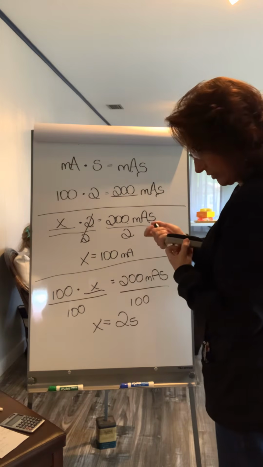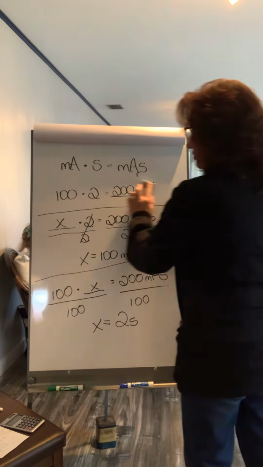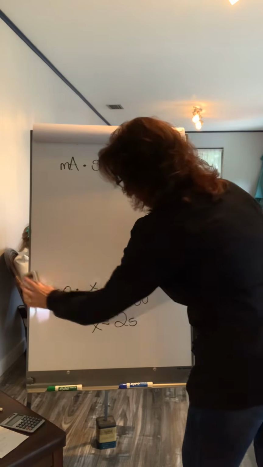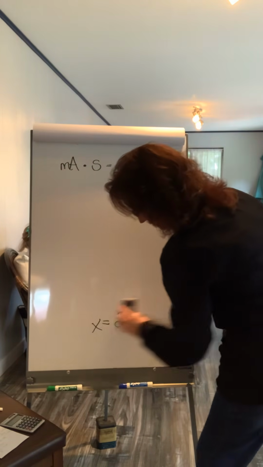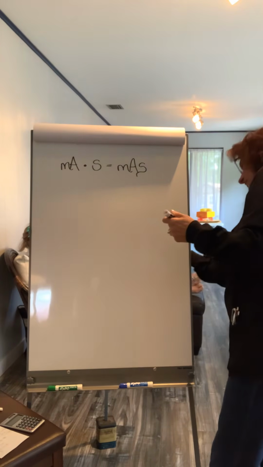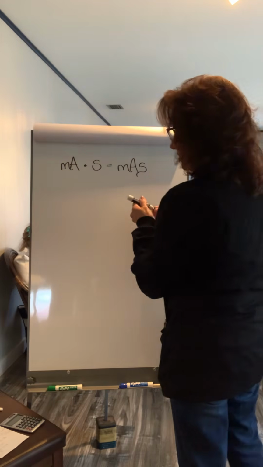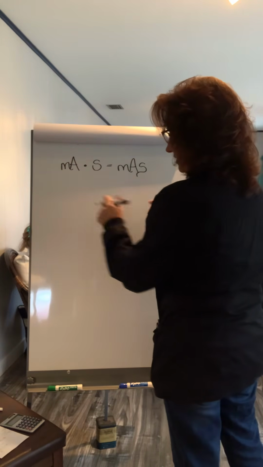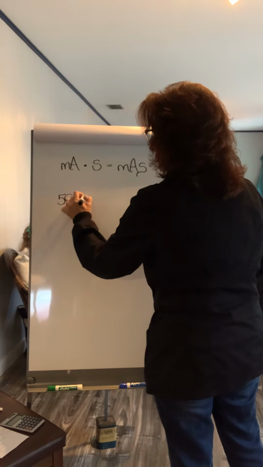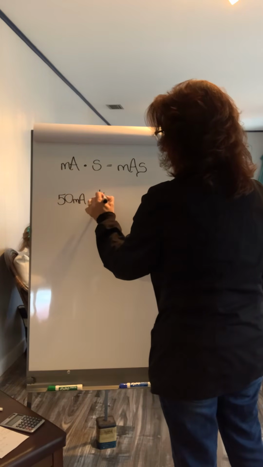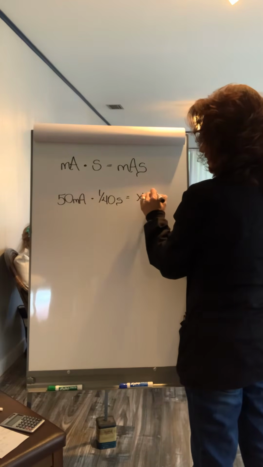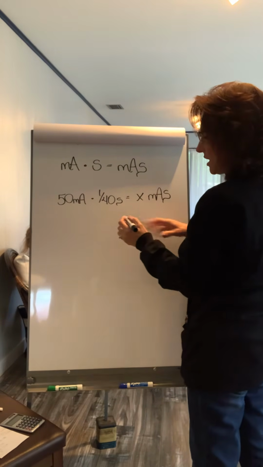Now, the only other thing that I wanted to show you with that is that sometimes they'll give you your time factor as either a decimal or they'll give it to you as a fraction. So if they were to give it to you as a fraction, like let's say they did 50 MA at a 40th of a second, and they want to know how much mass is that.